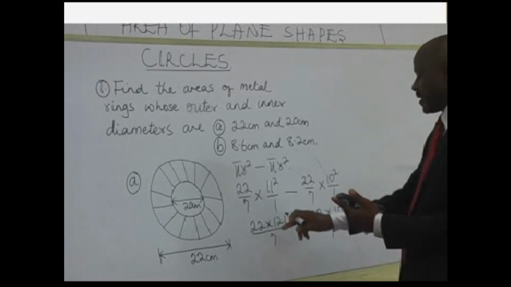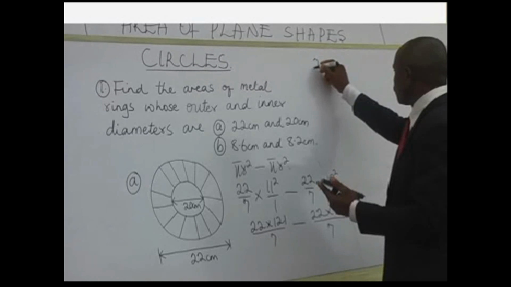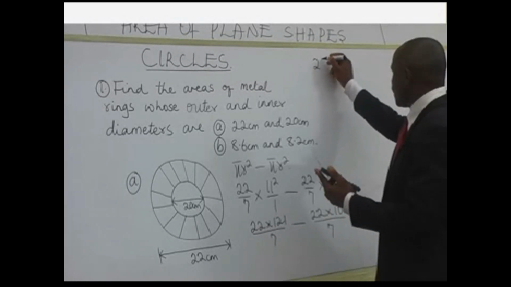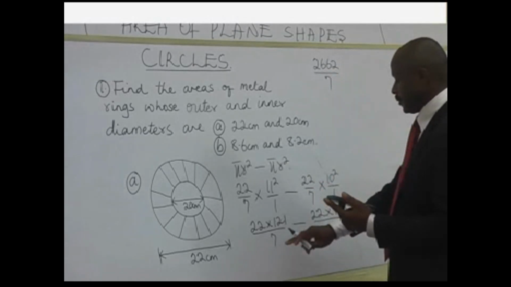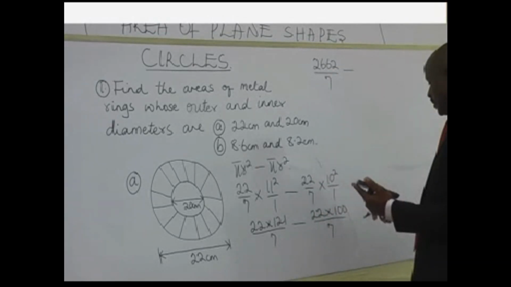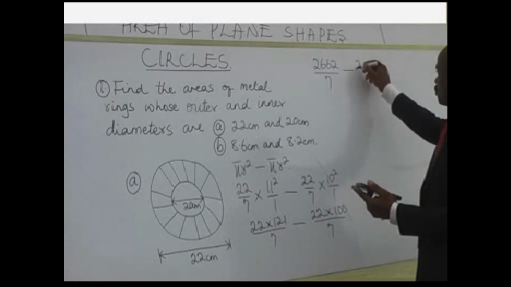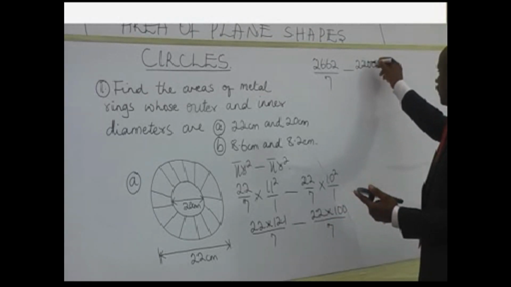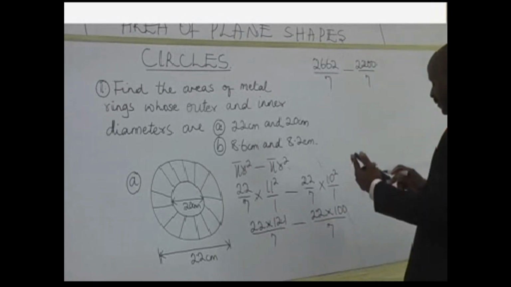Let's multiply this up. 22 times 121 is giving us 2,662, then all over 7, minus this will give us 2,200. That is 22 times 100 all over 7.